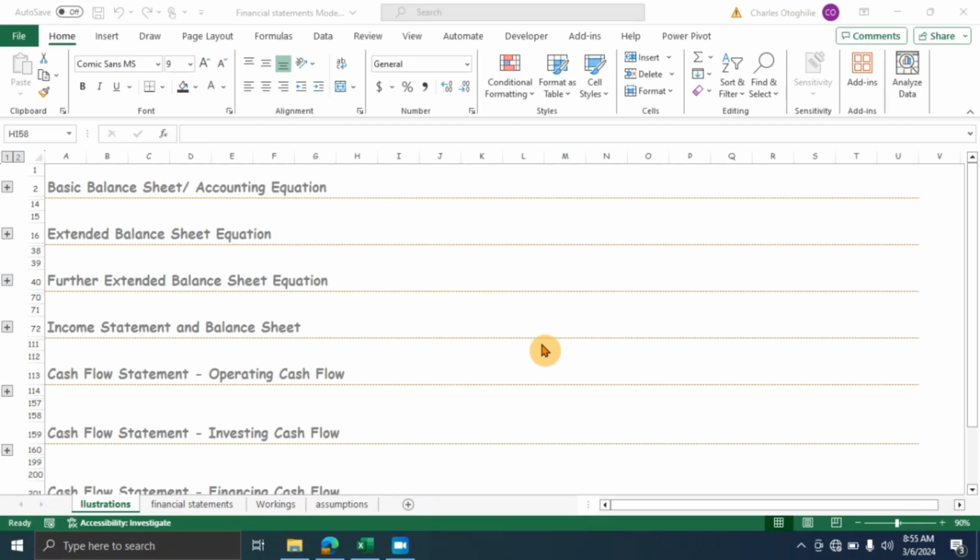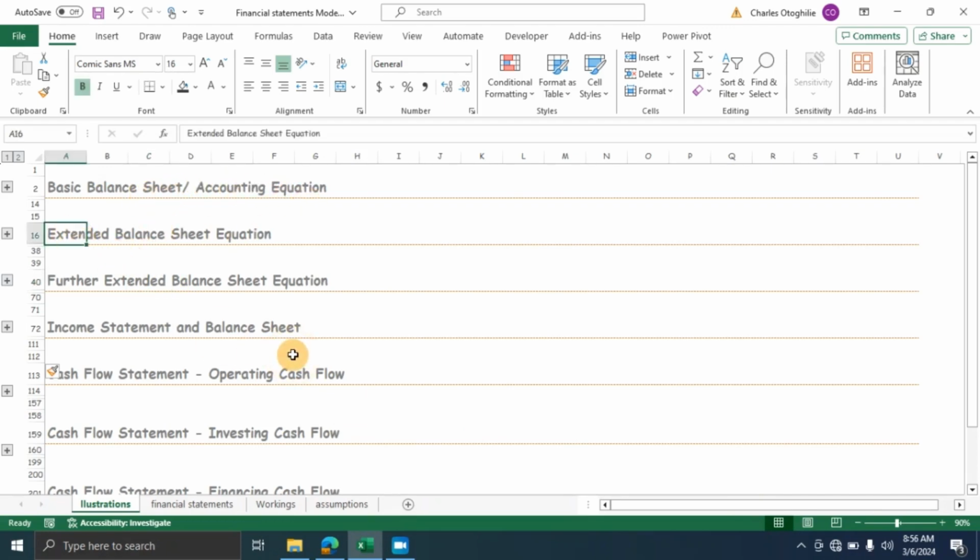Now, in this video, I'm trying to use just diagrams to help you understand what is really happening in the financial statements. What we'll be covering: we'll be looking at the basic balance sheet or accounting equation.